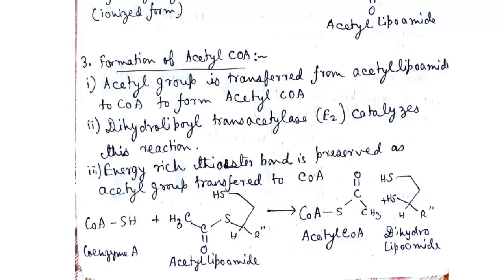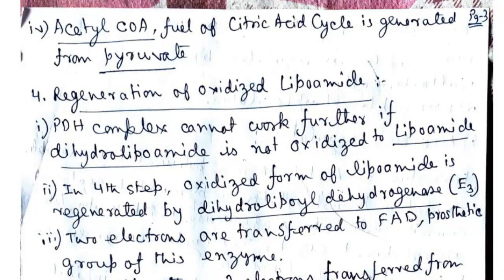And here the enzyme is E2, that is dihydrolipoyl transacetylase, and the energy rich thioester bond is preserved as this acetyl group is transferred to coenzyme A, and there is formation of dihydrolipoamide.